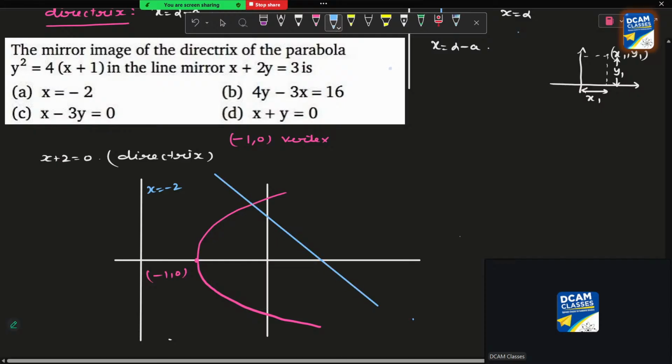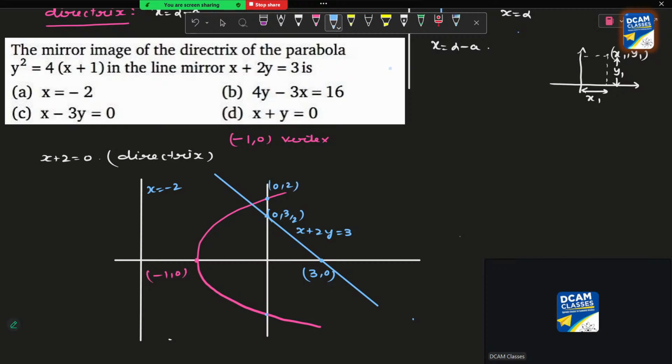You have to take the mirror image of this with respect to this. How? Acha, here you will get stuck. Are you able to find out the concept that you will be applying to get the mirror image? The parabola cuts at (0, 2) and (0, -2).